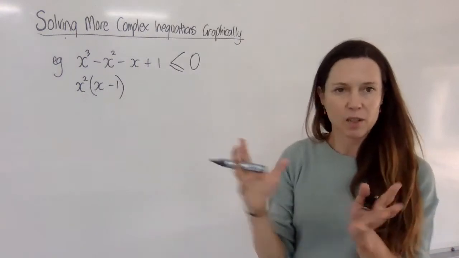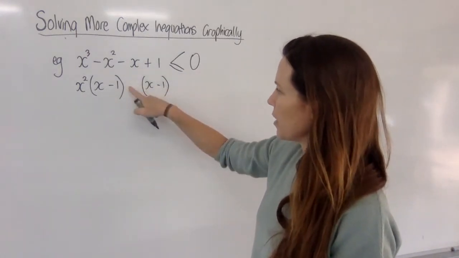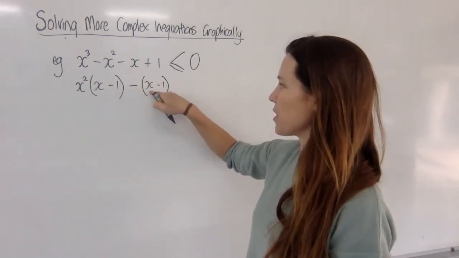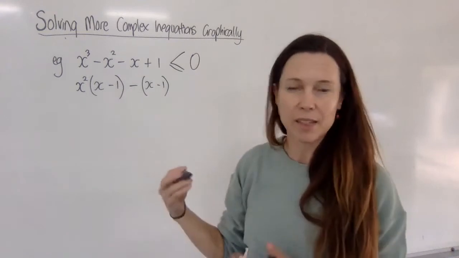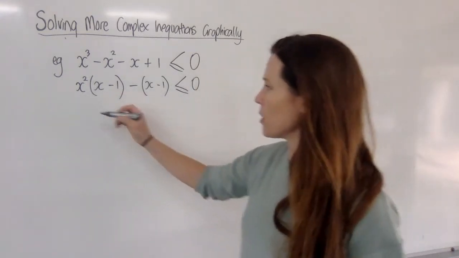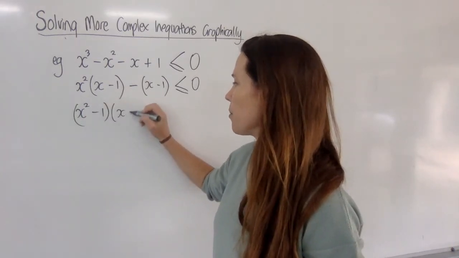But what I really need to bring these together is another set of x minus 1 here. And quick inspection tells me that if this is minus 1, then I'll have my minus x and my plus 1. So that indeed does work. Now how many x minus 1s have I got? Well, I've got x squared minus 1 of them.